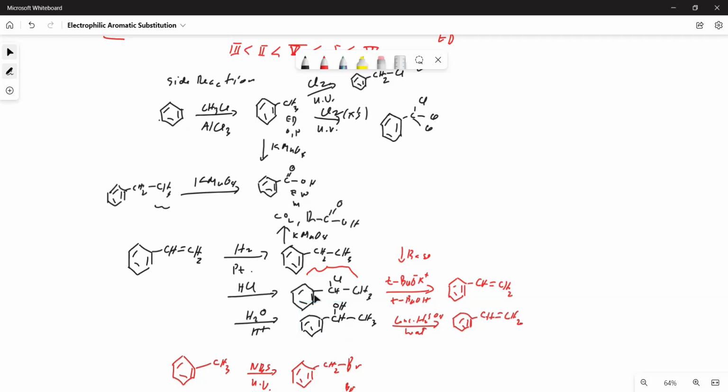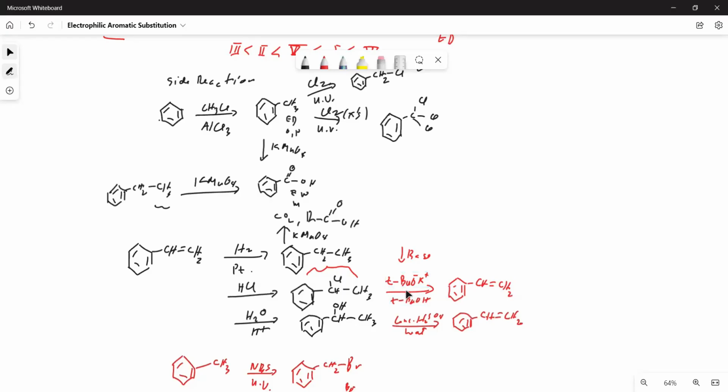Now, if you want to generate the alkene, well, you have to remove the hydrochloric acid here in this product. So how is the hydrochloric acid removed here? Well, you have to add a base if you want to remove the HCl. Example of a base, an organic base, would be tertiary butoxide, in the presence of its conjugate acid, tertiary butyl alcohol. This is how we condense the name, no?